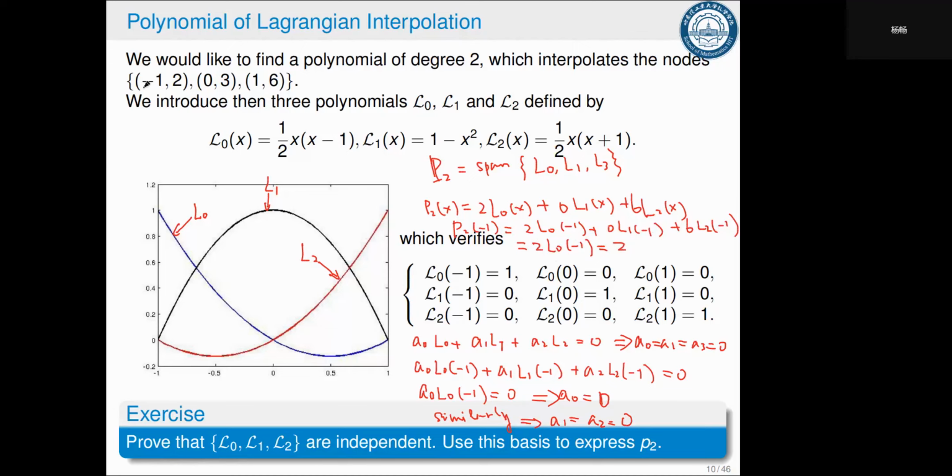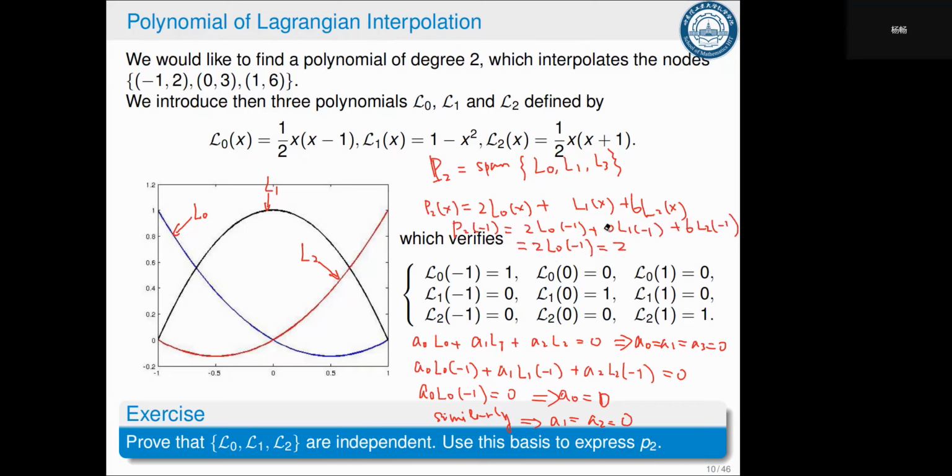Look at here, we want P2 to pass through the node (-1, 2), and by such a definition, it really verifies this property. Oh, sorry, I make a mistake.